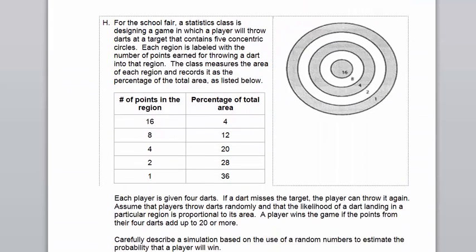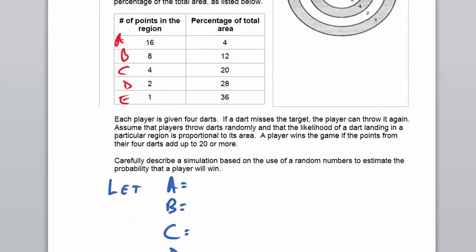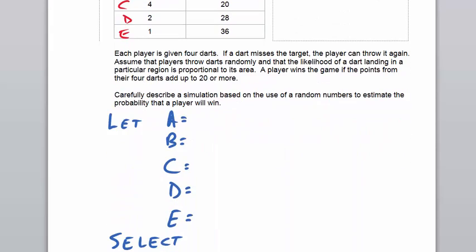All right, and then the last one, I am going to throw darts at a target. I know the percentage of the total areas. You're given 4 darts. So I'm going to call this region A, region B, region C, region D, region E, because that's going to be a whole lot easier for me. And for percentage of total area, I pick random numbers from 1 to 100.